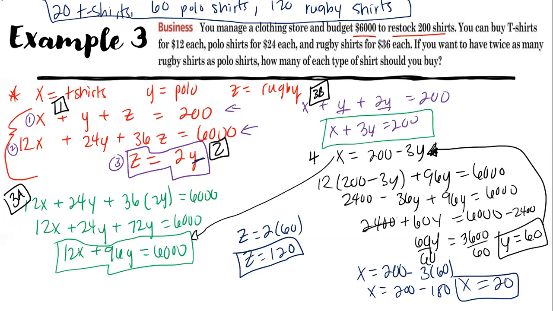Step 4, we use substitution again to solve for our missing 2 variables. So we solved for x and substituted that into our 12x plus 96y equals 6,000. When we substitute that in, we solve for y.